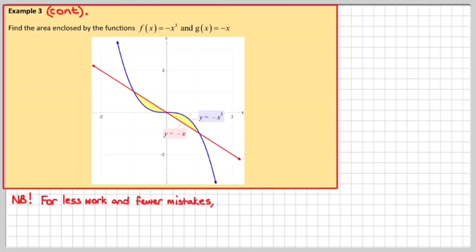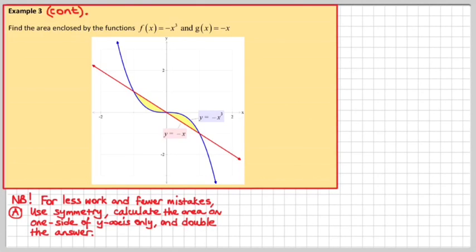Again, for less work and fewer mistakes, you could look at the symmetry of this in method A. There are two methods that I've given you. You could use the symmetry and calculate the area on one side of the y-axis only and then double the answer.